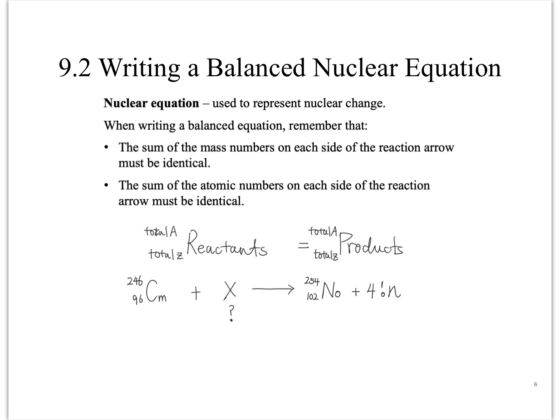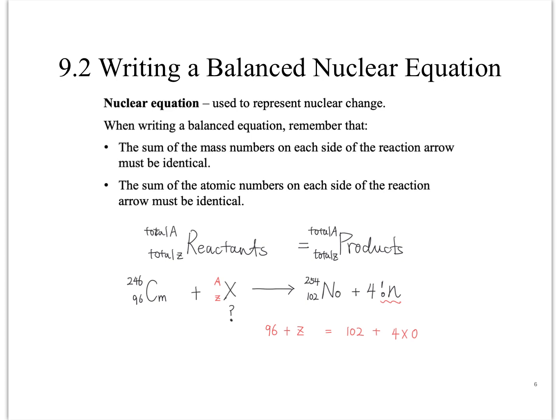How do we even do that? Basically we want to know what the Z number for X is and what the A number for X is. The whole idea here is that the total Z number on the reactant side should equal the total Z number on the product side. On the reactant side we have 96 plus Z, and on the right side we have 102 plus 4 times 0, because this is a neutron.